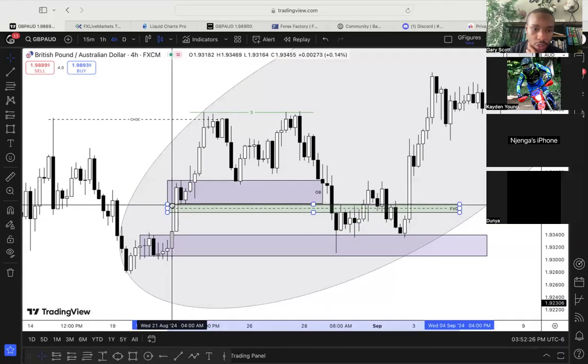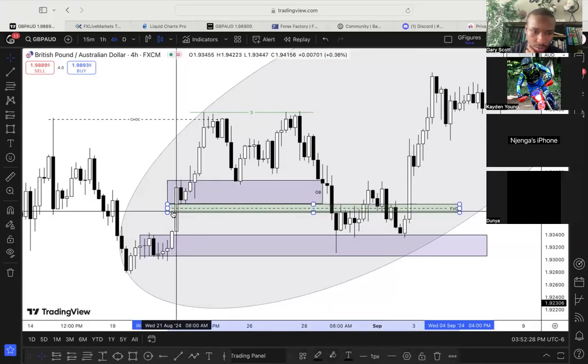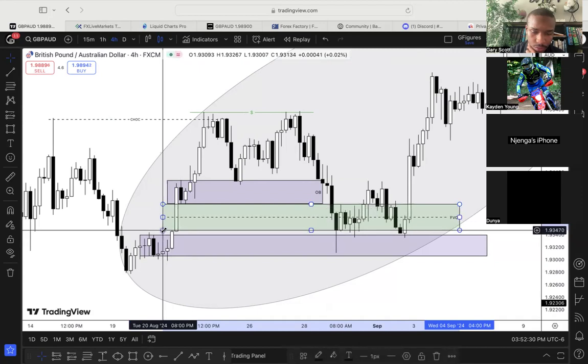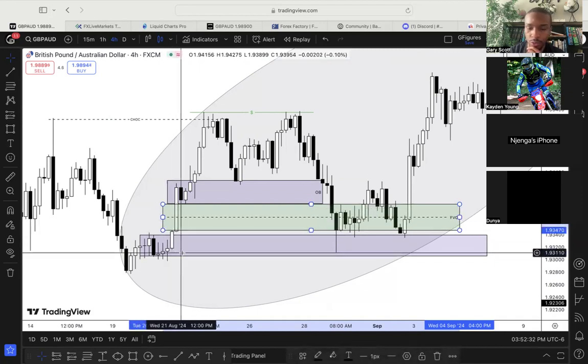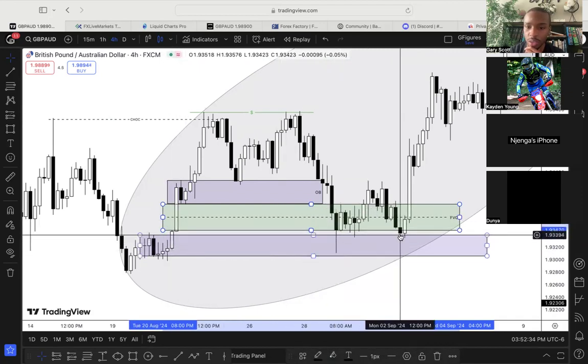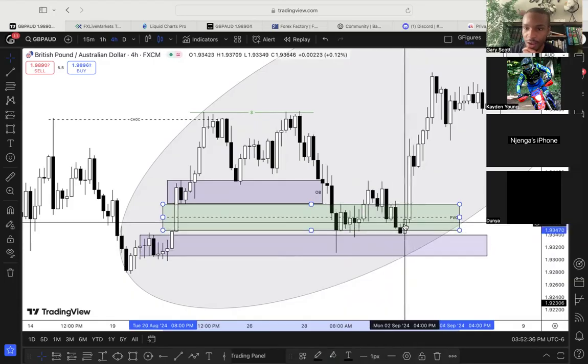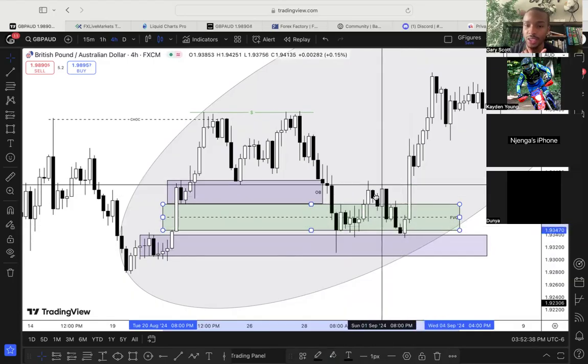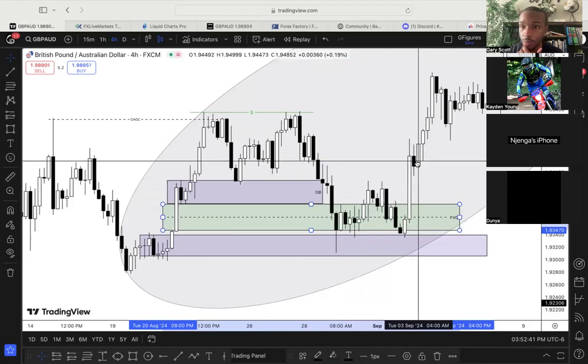But not only that, you have a fair value gap here, right? We see how price does wick below and gives you a fake out, but it then turns back and actually closes above. Right, it's the deepest last down candle before price breaks structure.